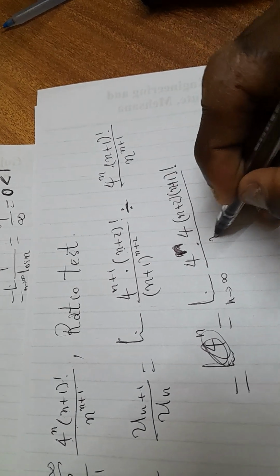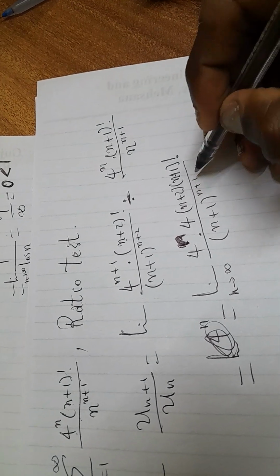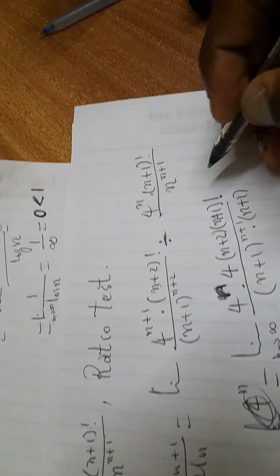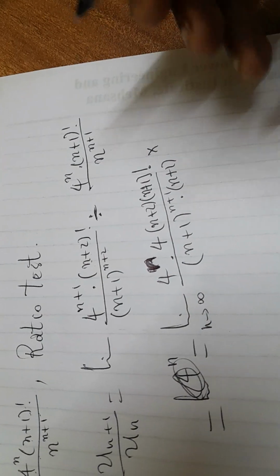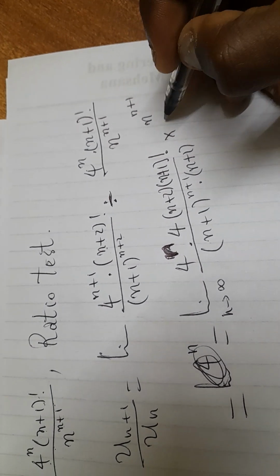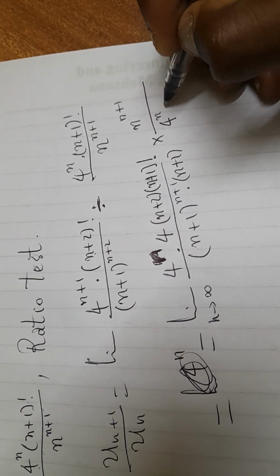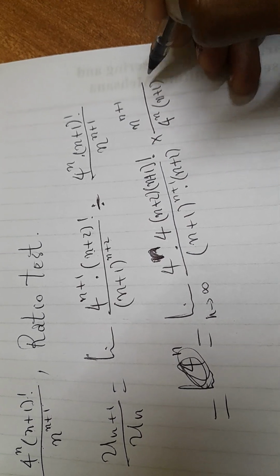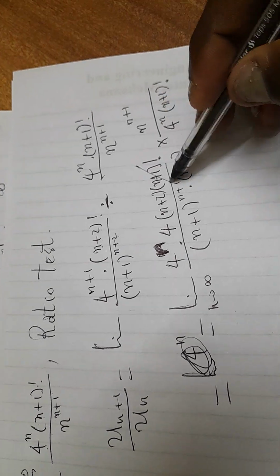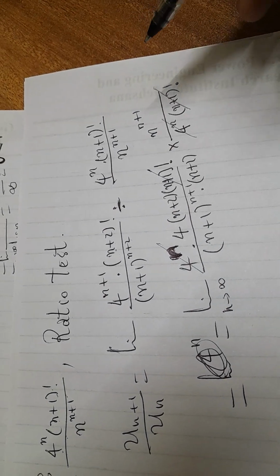Then here I can also make (n+1) raised to n+1. The other one is n plus 1 times the inverse, n upon n plus 1, all divided by 4 to the power n and here (n+1) factorial. The next step is just to simplify this.